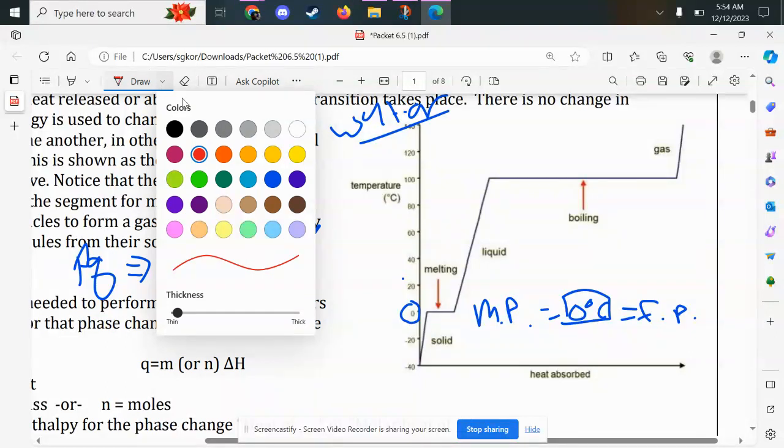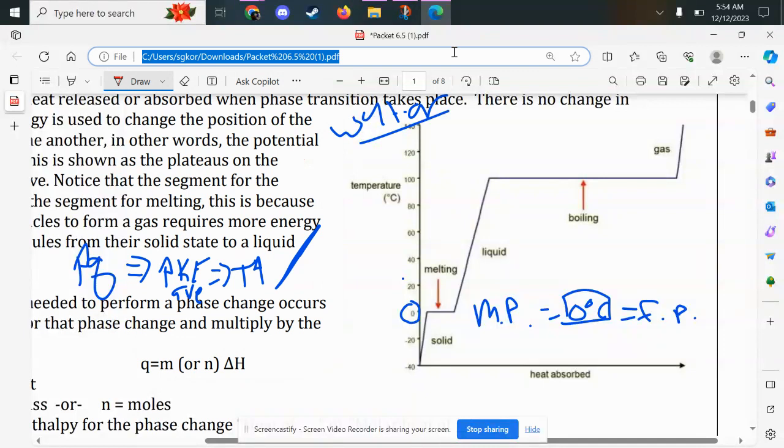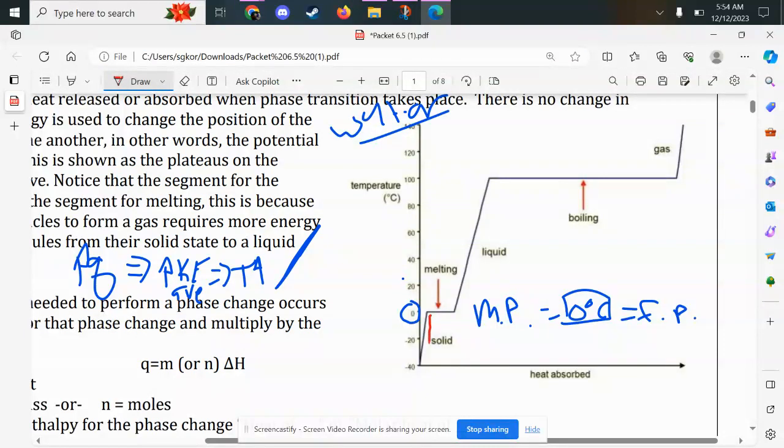The amount of energy to get it to melt is called the heat of fusion. Now, you'll notice I say fusion here because the delta H of fusion is the same as the delta H of melting. But we don't even have really a clever name for it because we just use fusion.